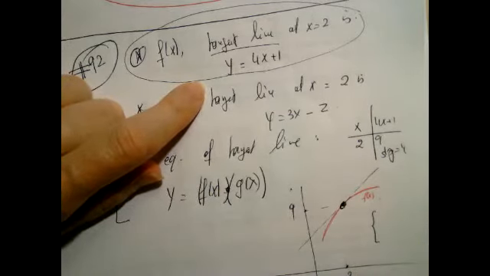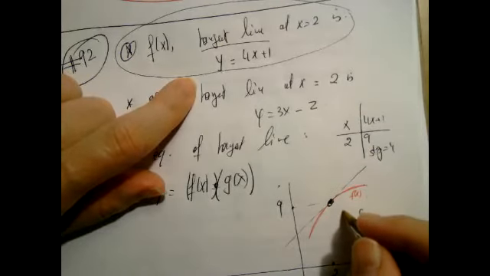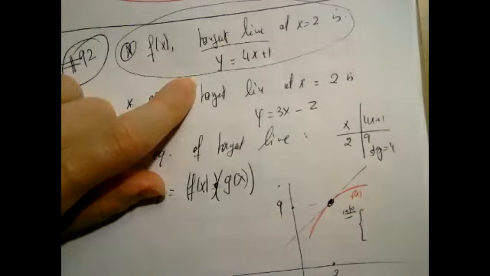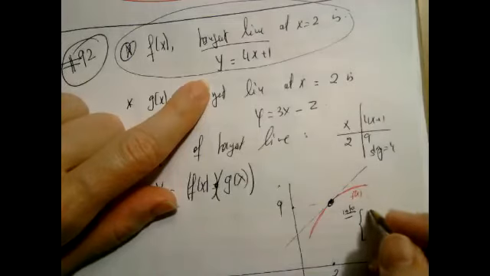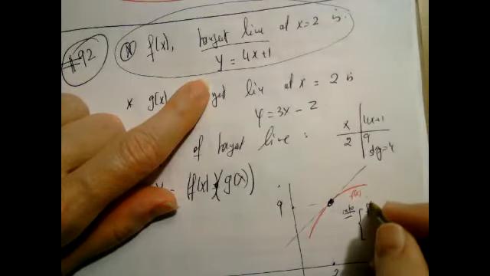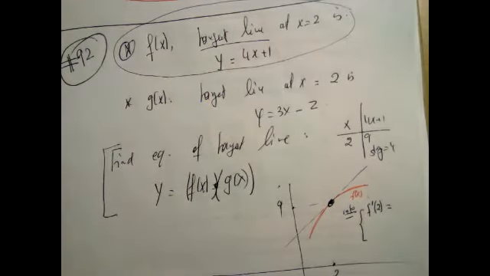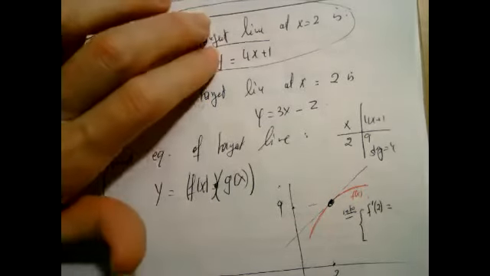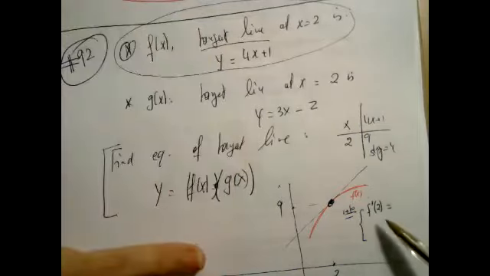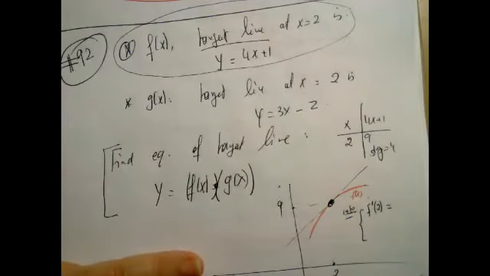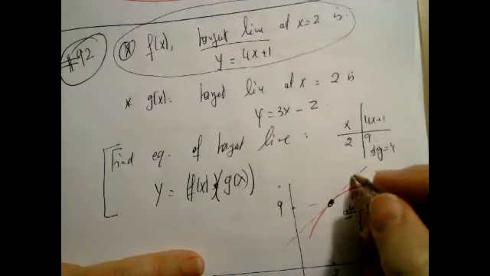What kind of info do I get? I'll ask you the question, so you know what I'm looking for. What is the derivative of f at 2? Does this information tell me anything about the derivative of f at 2?